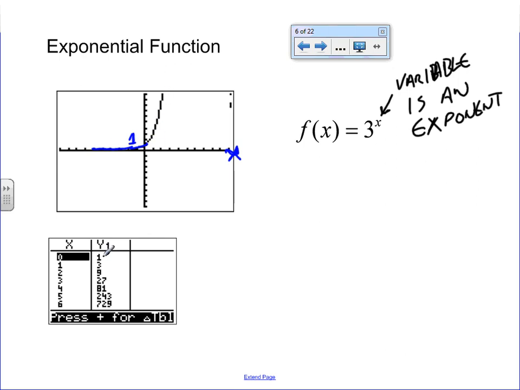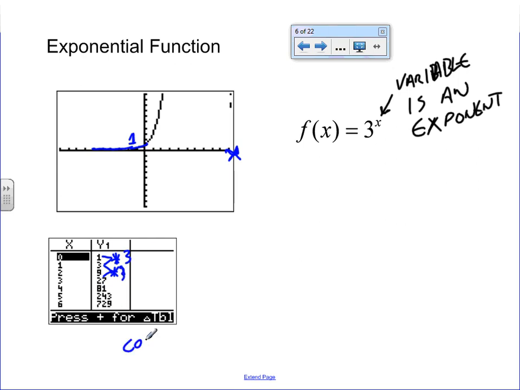Okay. In the table, to get from one number to the next number, instead of adding, if I added, I'd be adding 2 here and then 6 there. To get here, I'm going to multiply. I multiply by 3. Again, multiply by 3, the whole way down to get any one of these numbers in the table.